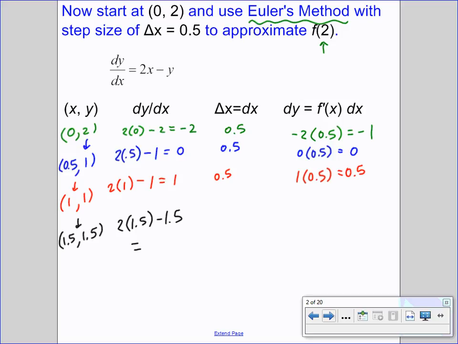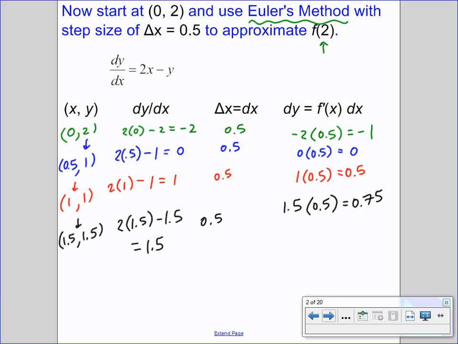No? So 2 times 1.5 is 3, minus 1.5 is 1.5. Is that better? 1.5? Yay! Times my delta x of 0.5. So what's half of that? There's my 0.75. So I've got 1.5 times 0.5 is 0.75.